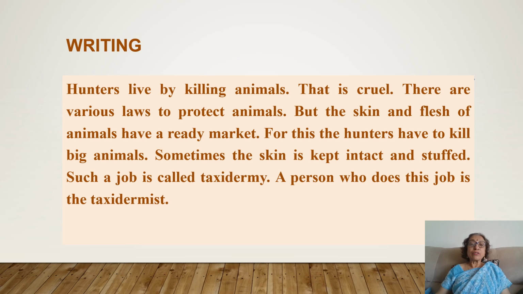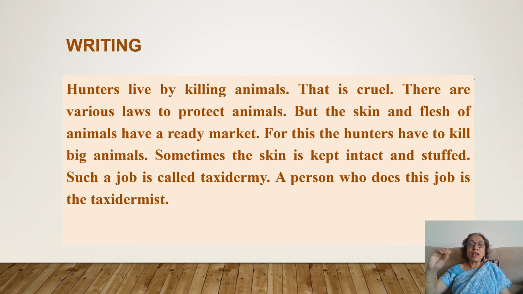So you can easily get three paragraphs here. One about hunters and their job. Next about the rules which are there against hunting. Hunting is illegal. And then you have also the idea that a person who does the job of a taxidermist, that can be a third paragraph.